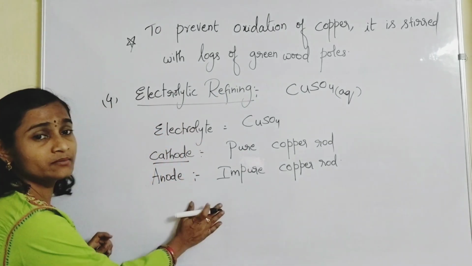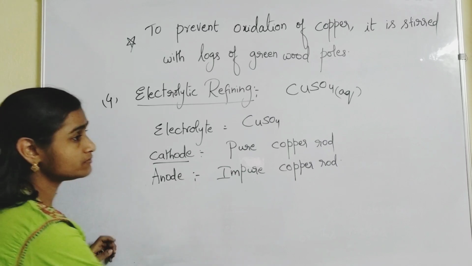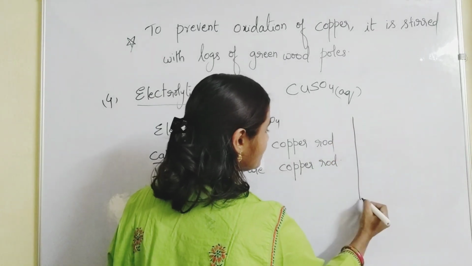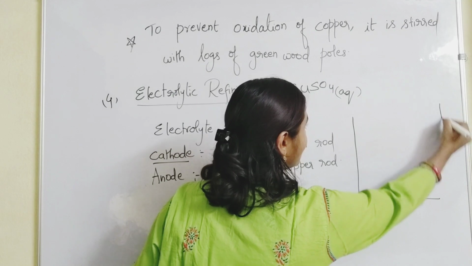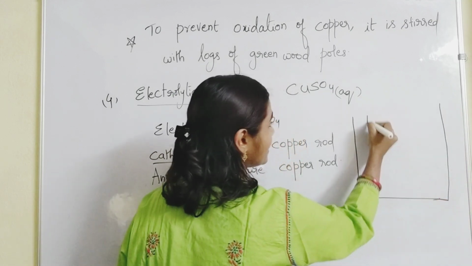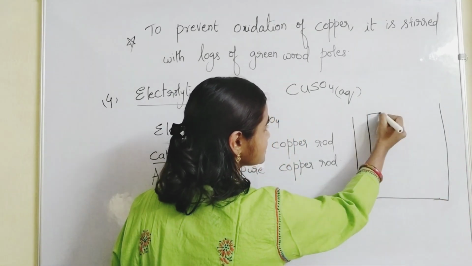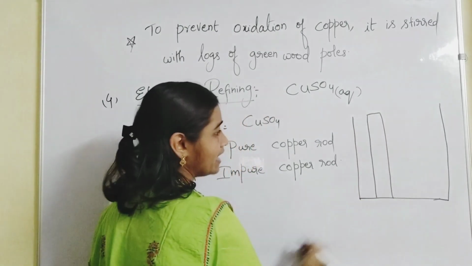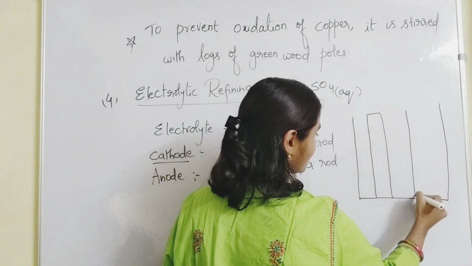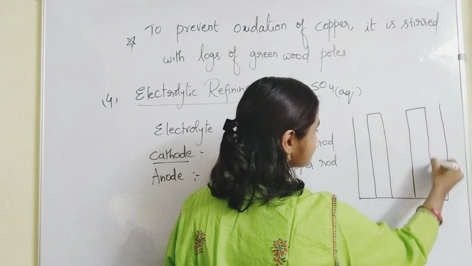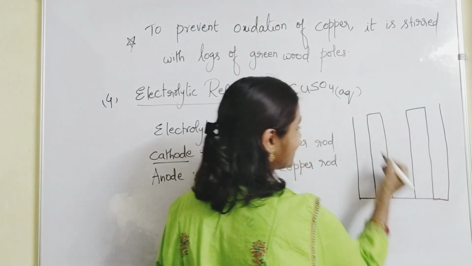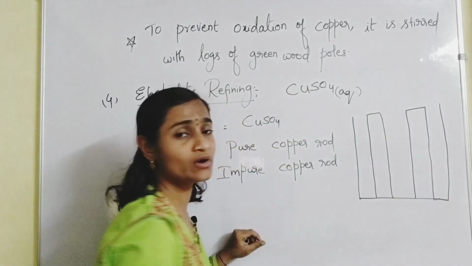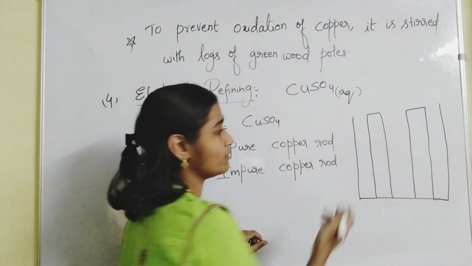I'll draw the diagram here. Can you able to see? You all have learnt already the electrolytic tank. In that, let us take two metal plates, one pure copper rod and another impure copper rod.